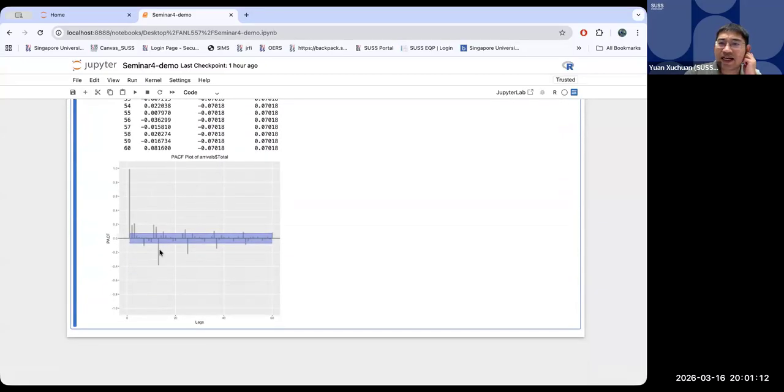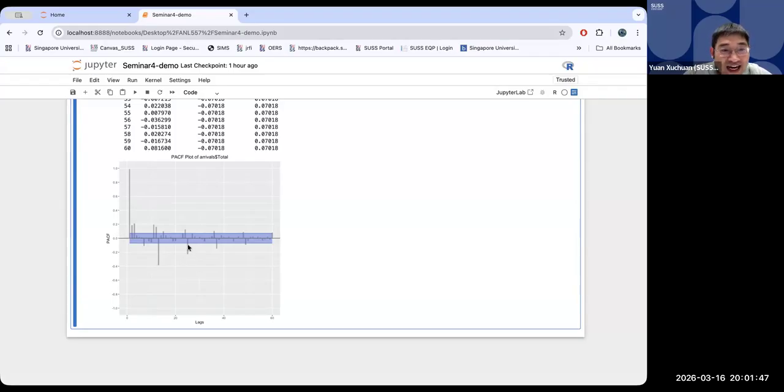If you look at this PACF, you can see in certain periods, for example at lag 2, 3, maybe 7, or this lag 12, the PACF is beyond the blue area, the two standard deviation curve, right?